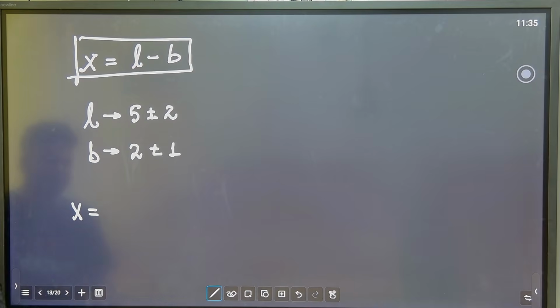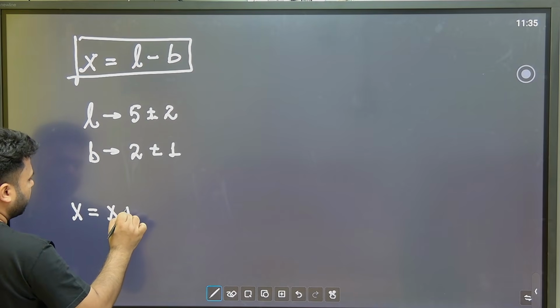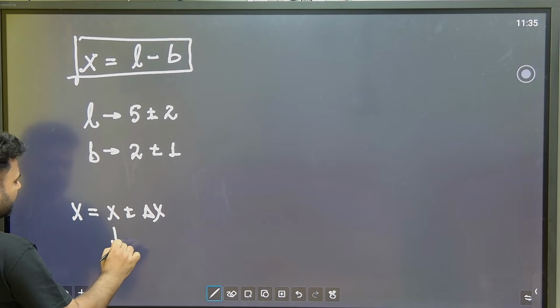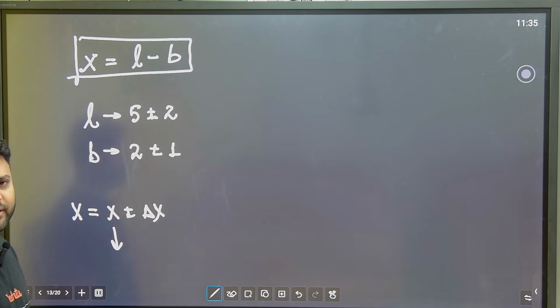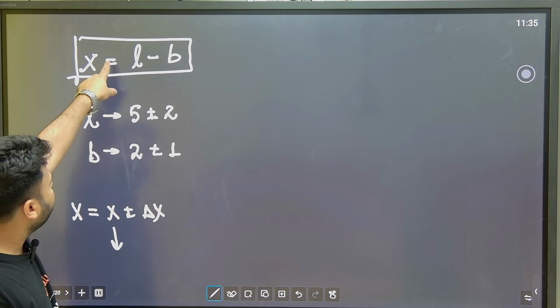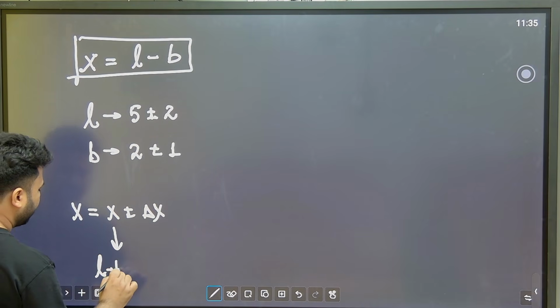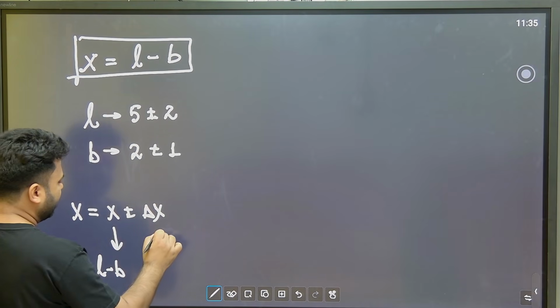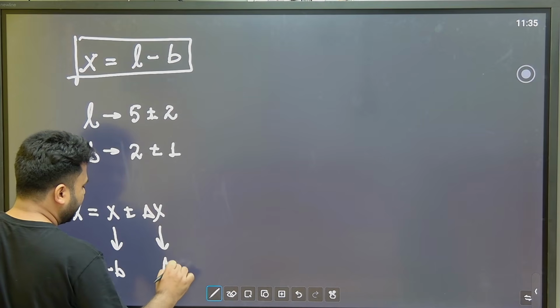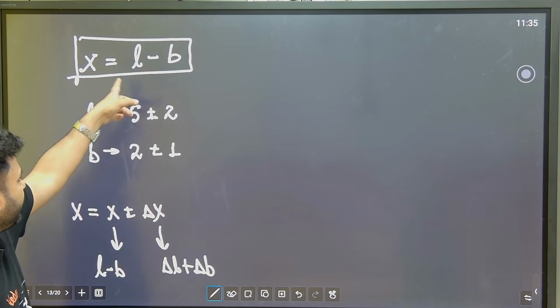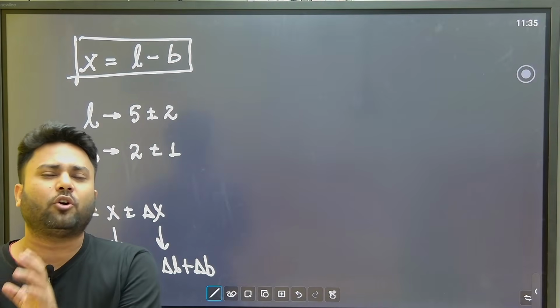Again I told you, x you can always write as x plus minus delta x. Now the formula is x equals L minus B, and delta x, the error, is always added: delta L plus delta B. Don't think that if it is minus we will subtract. No, error is always added.